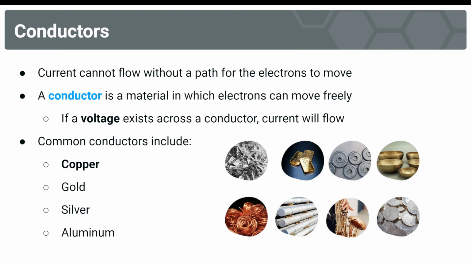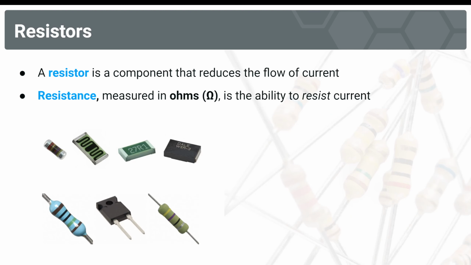These materials are common conductors. They very easily allow electron flow. And again, I mentioned copper, I mentioned gold, there's silver, there's aluminum, but one of the cheaper materials, while still being very conductive, is copper. And so that's what a lot of our components, our wires will make use of, is copper as a conductor.